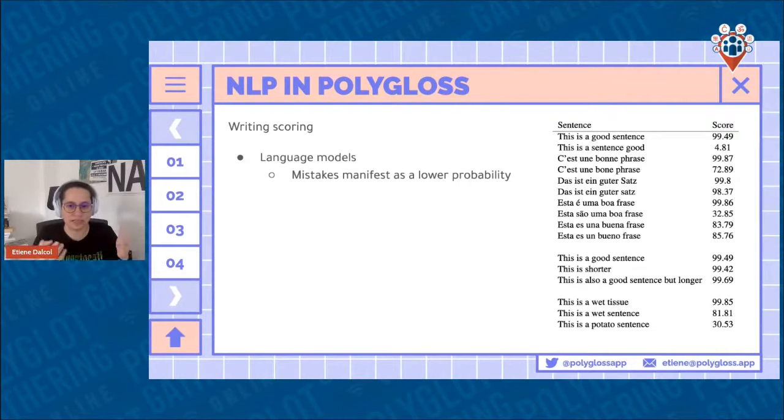When people make mistakes, use the wrong word order, or conjugate wrongly, if something seems off, this manifests as a lower probability of that sentence existing in that language, right? So my first research question was to see if this was actually happening, right?